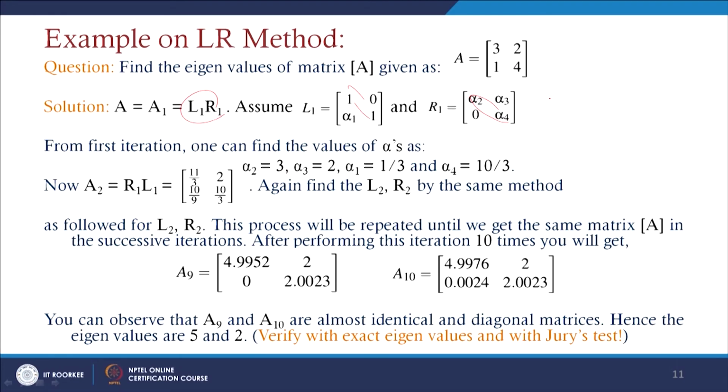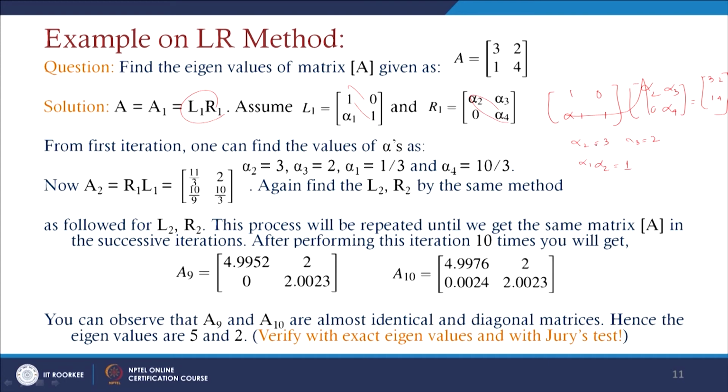So, we can write here 1 0, alpha 1 1, and the product with alpha 2, alpha 3, 0, alpha 4, equals 3, 2, 1, 4 here. And we can take the product, so alpha 2 is nothing but 3 here, and then alpha 3 equals 2. If you take the product alpha 1 into alpha 2, that should equal 1 here.